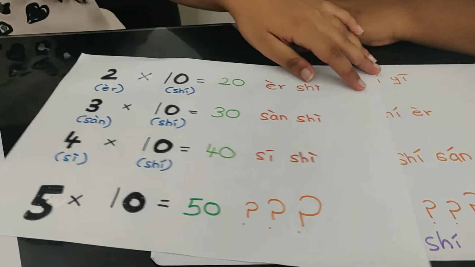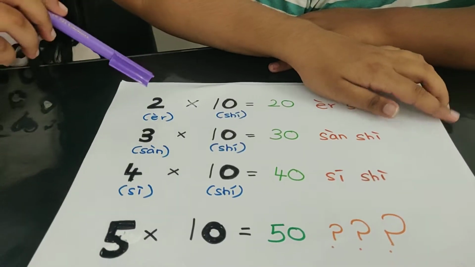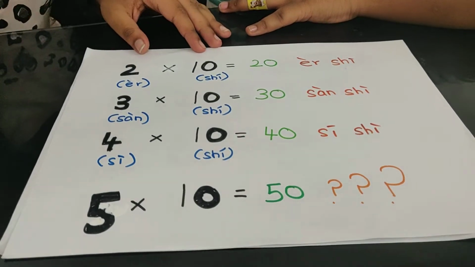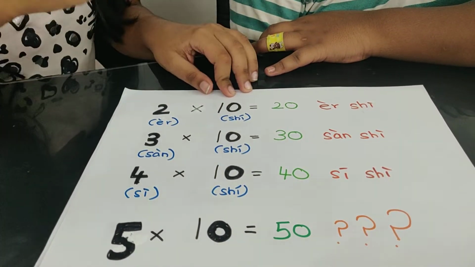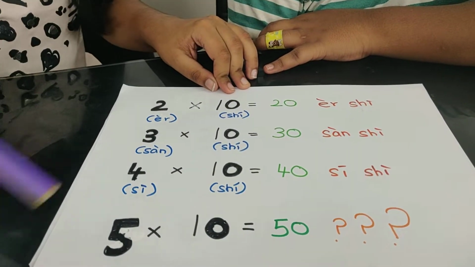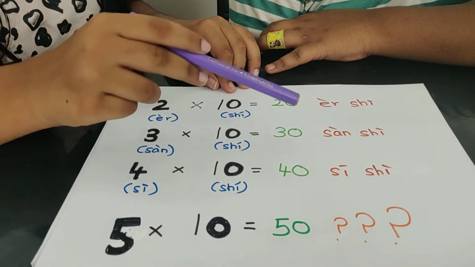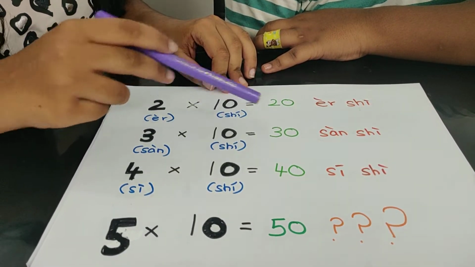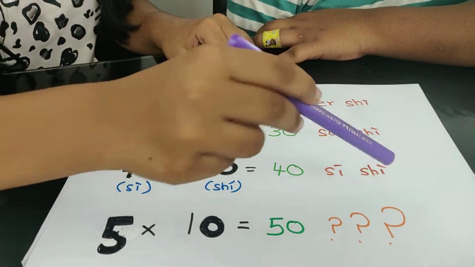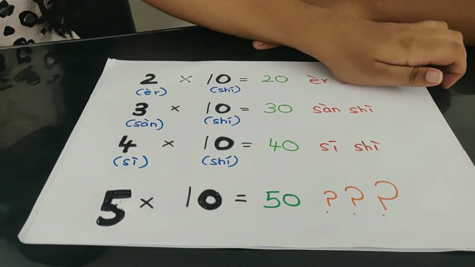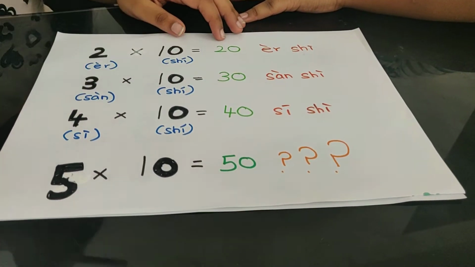Why? Okay, let's say this. How many tens do you need to get 20? We say that we need 2 tens to get 20. Same thing goes with the other numbers. 3 times 10 equals 30. San shi. So that's 30. This is si shi. Then what? Tell me, my friends, what is 50 in Chinese?